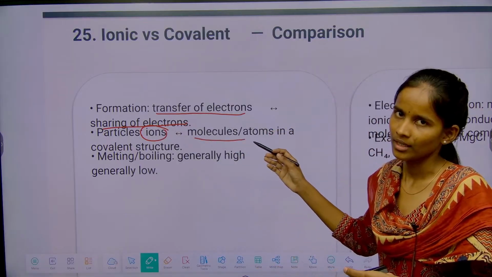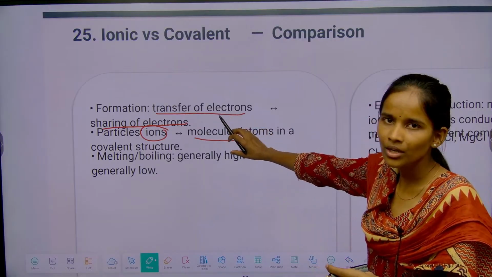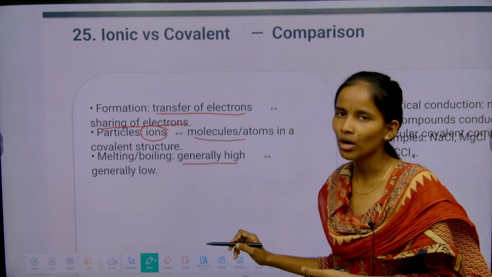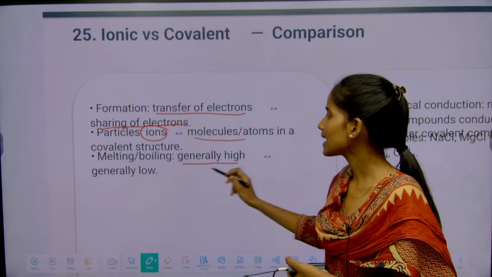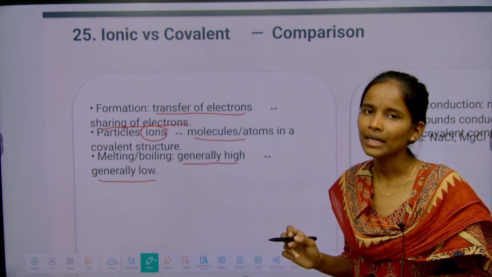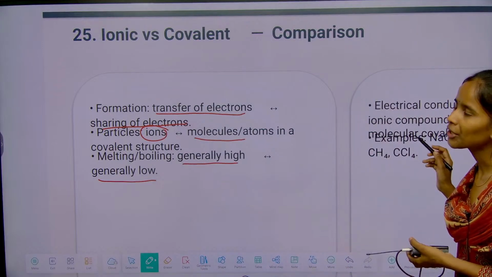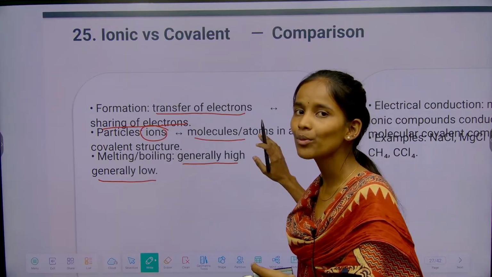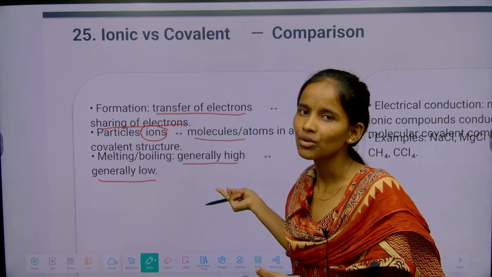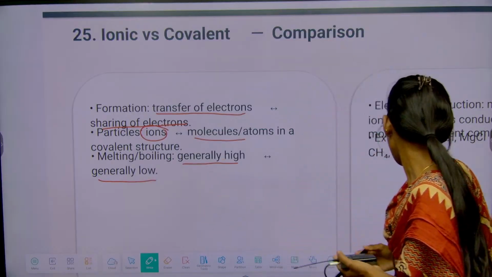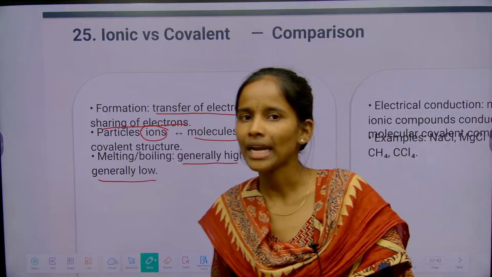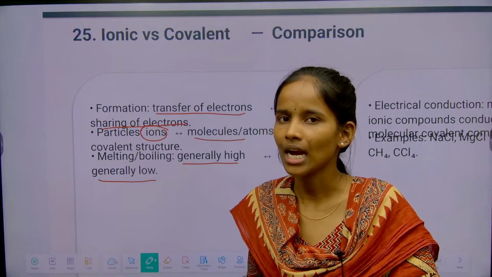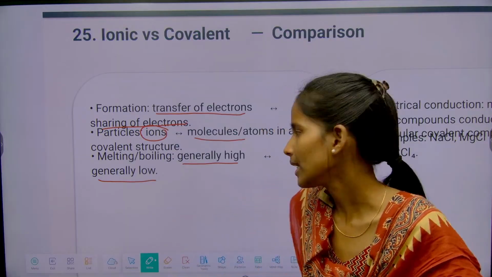Ionic compounds have high melting and boiling points, whereas covalent compounds have low melting and boiling points. Ionic compounds conduct electricity, whereas covalent compounds are poor conductors because there is no movement of ions, right? Examples: MgCl2 and NaCl are ionic compounds, whereas CH4, methane, and NH3, ammonia, are covalent compounds.